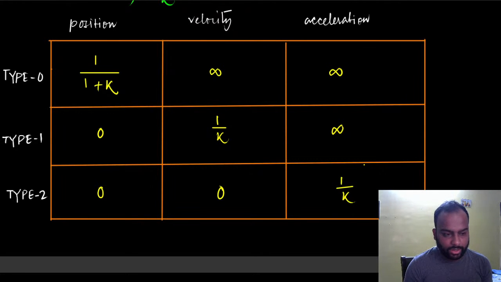All right. So now I am asking you your question back. Can I find a system which can follow a position signal, velocity signal, and an acceleration signal without any error? So what type of system would actually have zero position error, zero velocity error, zero acceleration error? What type of system would have that?